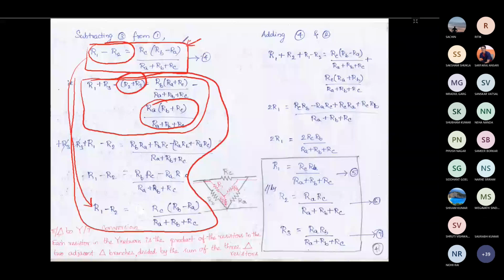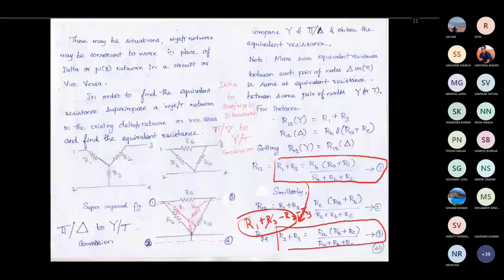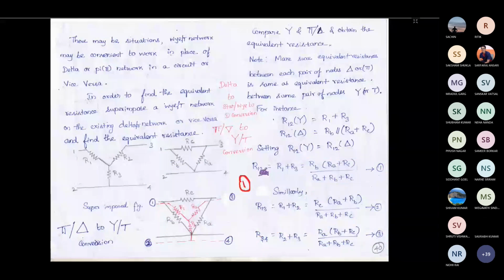Now it's obvious that after I subtract equation 3 from 1, I get R1 minus R2. If I add this equation, equation number 4, with equation number 2, then minus R2 and plus R2 will get cancelled.